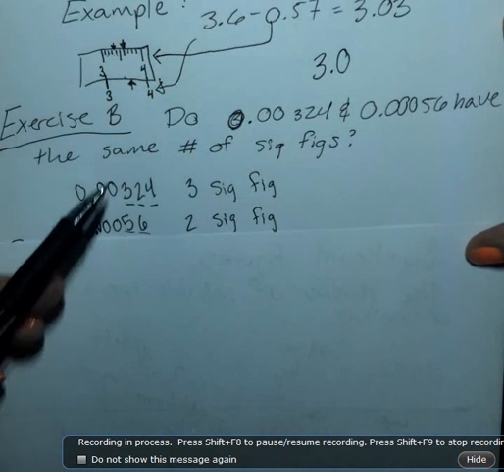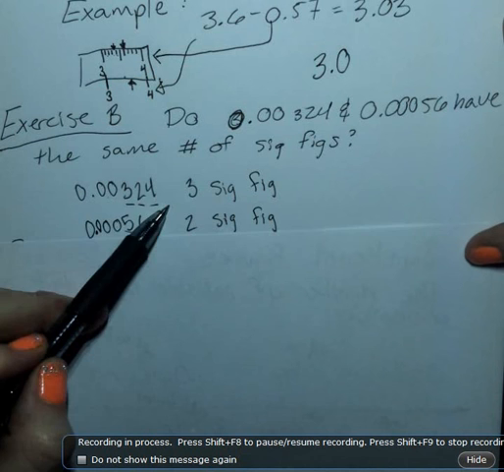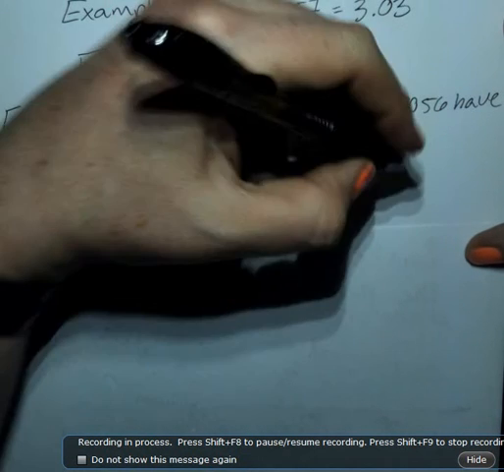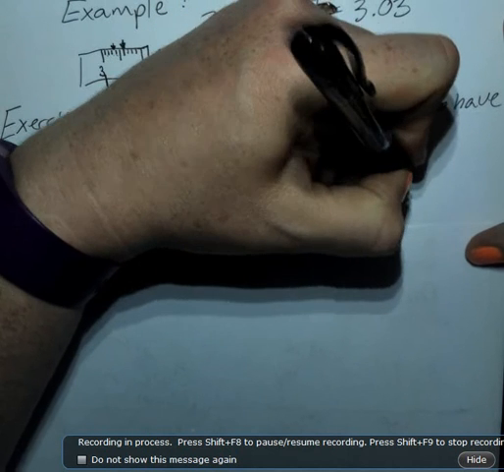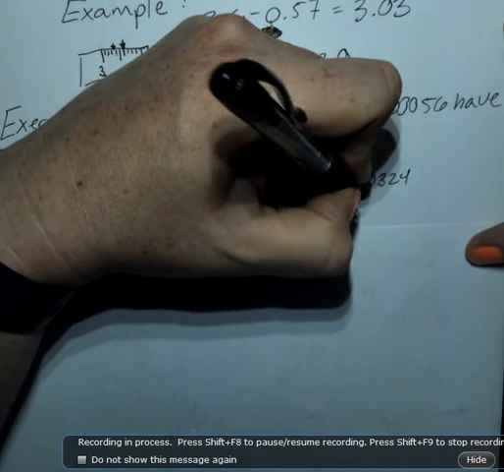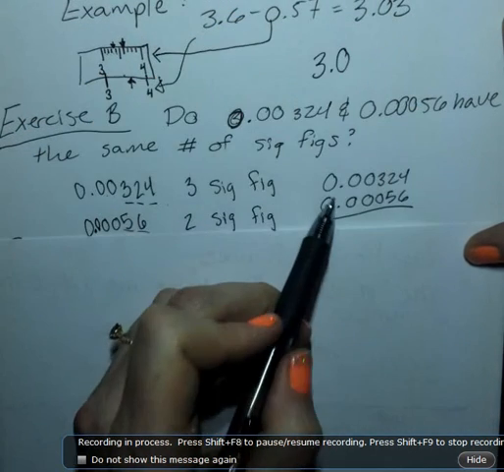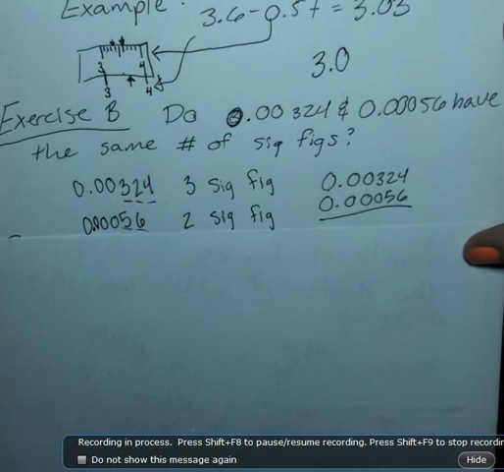All right, 0.00324 has more significant figures than 0.00056. But if we line them up, even though this has 3 significant figures and this has 2 significant figures, those numbers have the same amount of accuracy for addition and subtraction because both of these numbers go out to the same decimal place.